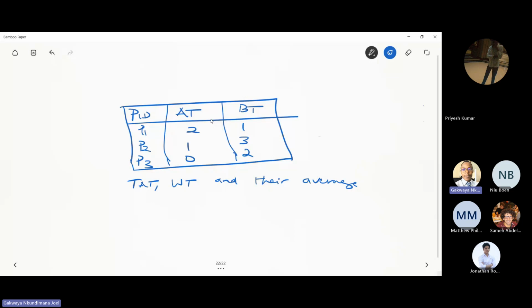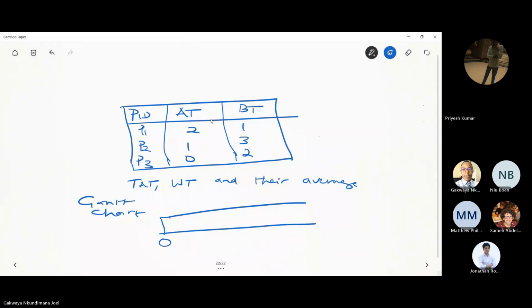So here I go with my Gantt chart. I look at the process which came early, so the arrival time is P3. It starts from 0, and here we have P3. P3 was given 2.